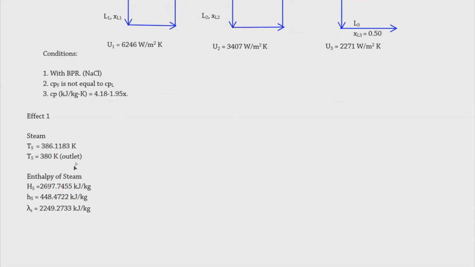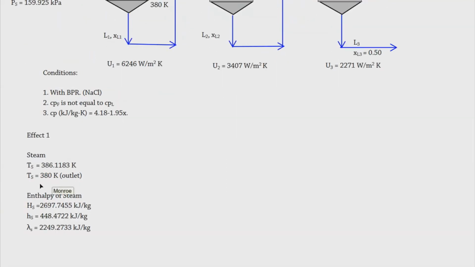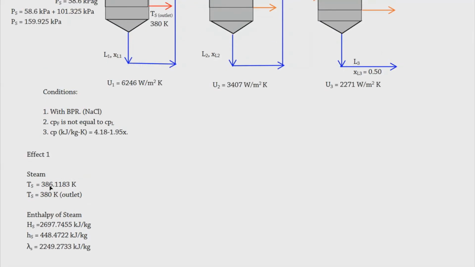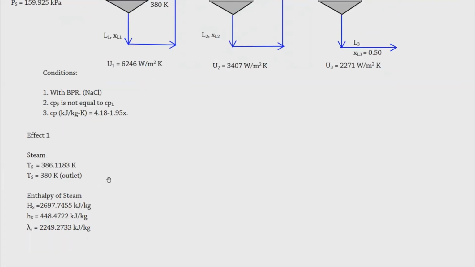So, from 386 minus 380, then that's around 6.1183 Kelvin delta T. So, multiply mo siya sa specific capacity ng vapor or ng steam. So, yun yung magiging value mo ng lambda S.